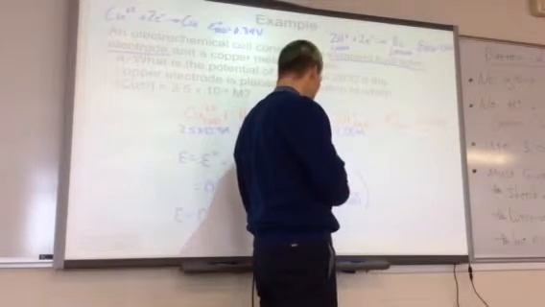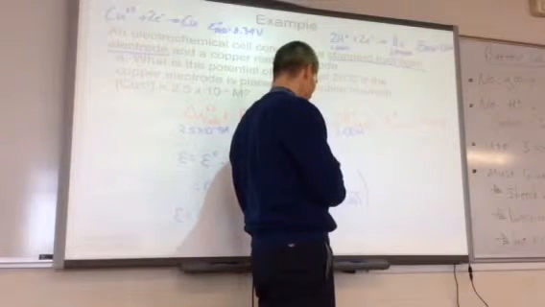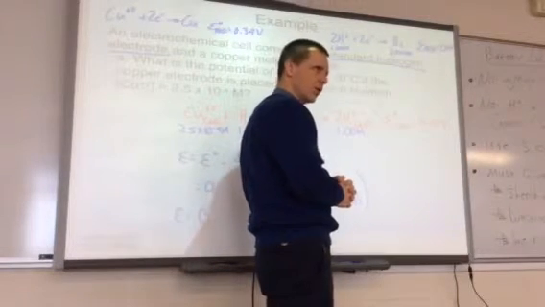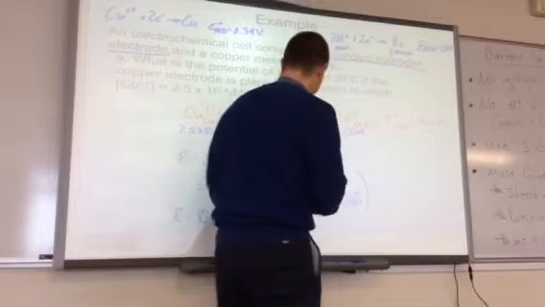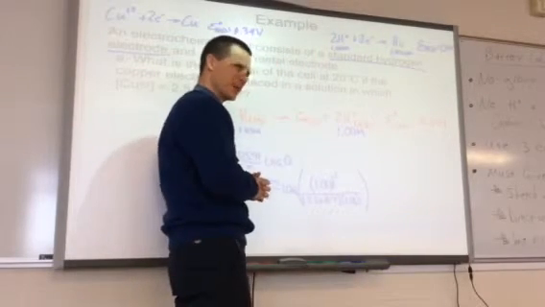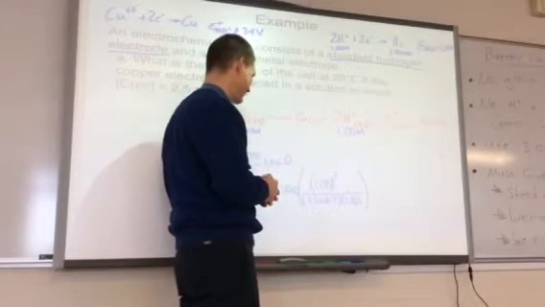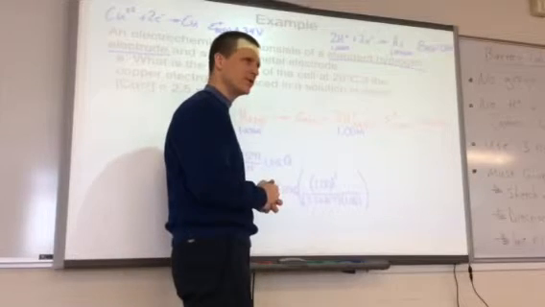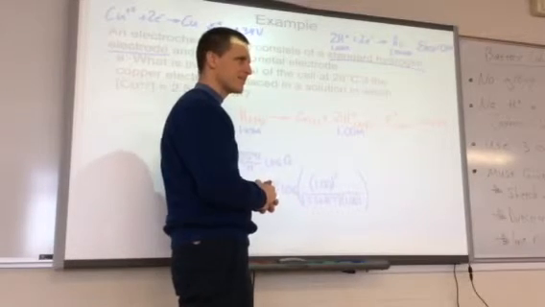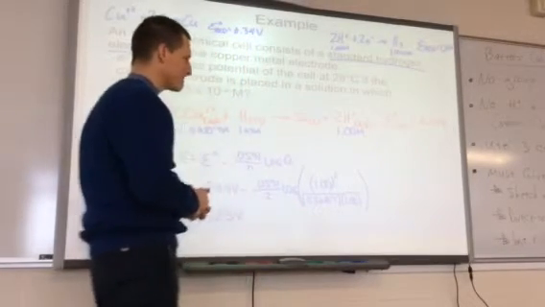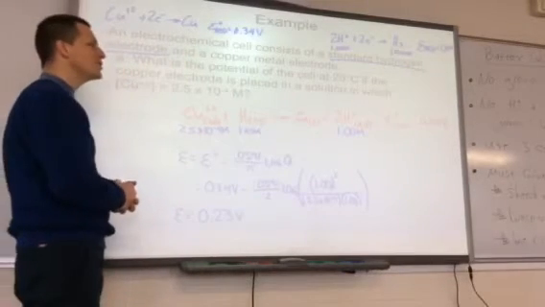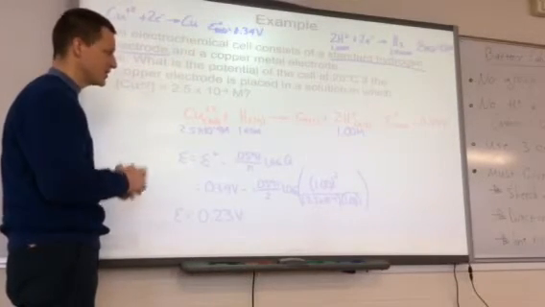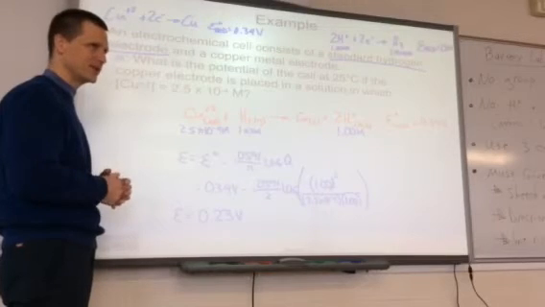So, as long as it's in atmospheres, it works. You can include atmospheres as if it's molarity. Kind of weird like that, I know, but it's the way that we do Q. And we won't see too many examples like that. Usually it's all aqueous or all gas, not some of each.